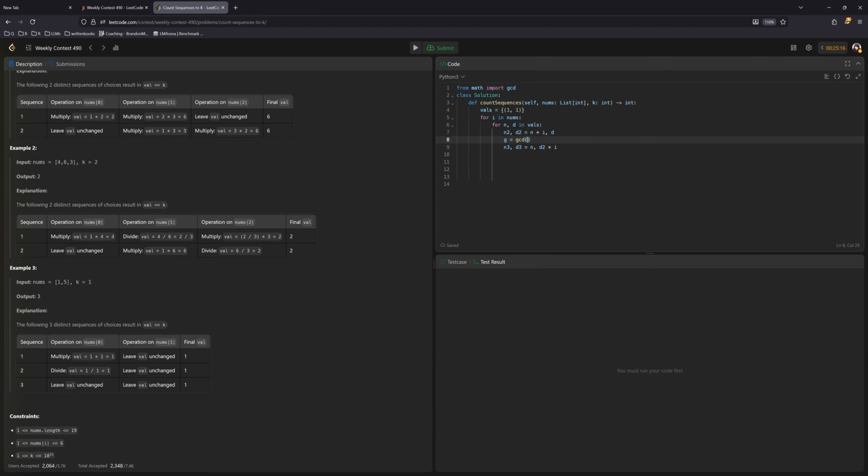Okay, so g equals greatest common n2 d2, and then n2, d2 equals g. Okay, these are all of our choices. So we just have to add them back. vals.add n2 d2 and n3 d3.